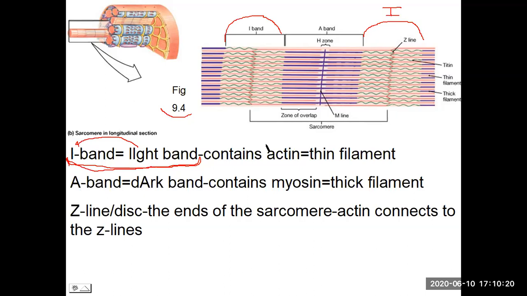And the I band only contains thin filament. There's never thick filament in this region. Whereas the dark band, the A band, is the area that contains all of the thick filament located here. So you notice the labeling here, the A band, and the purple lines here are representing the thick filament.